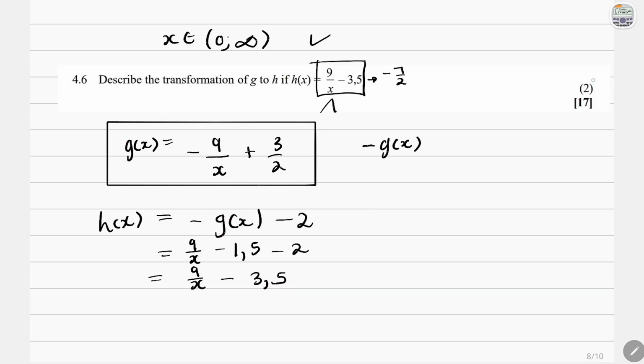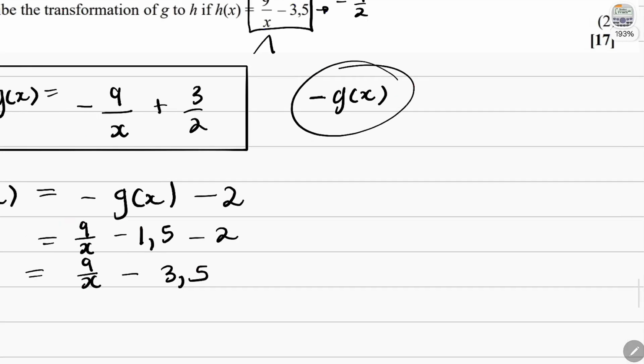And now comes the explaining, because we have to describe the transformation. We can see algebraically what to do to get to h of x, but what does this actually mean? What does negative g of x mean? Well, you're taking g of x, which stands for the y values of the graph of g, and you're multiplying them by negative 1. We can look at this as a single point.